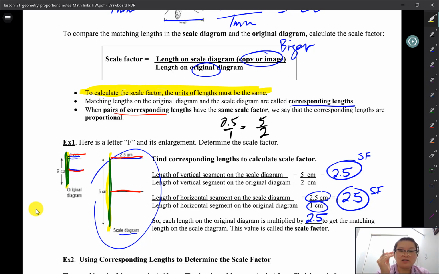If one is in meters, I'm going to get a completely different number, and that is not going to match the scaling for the top part of the F. So we have to make sure all the units are the same. This is why I keep emphasizing units are super important, okay?